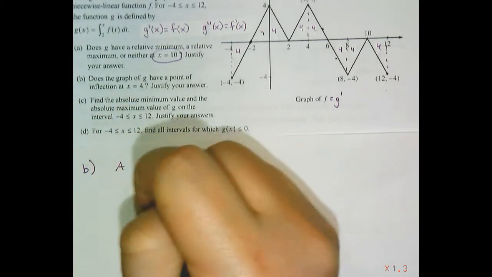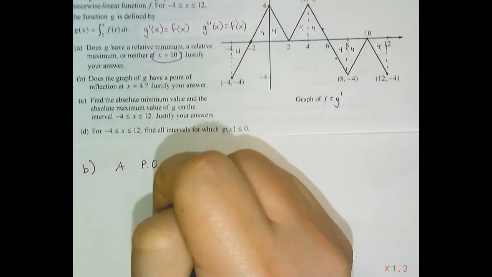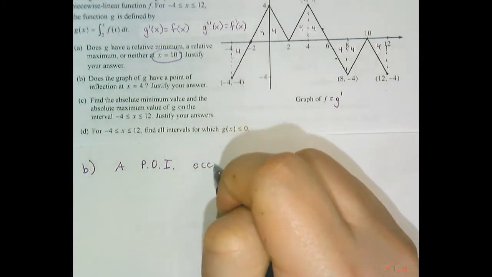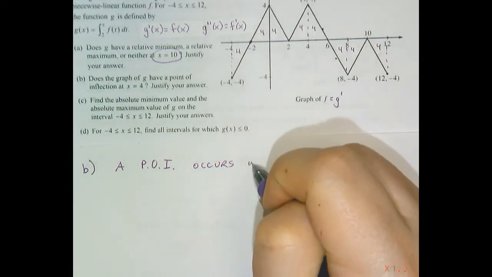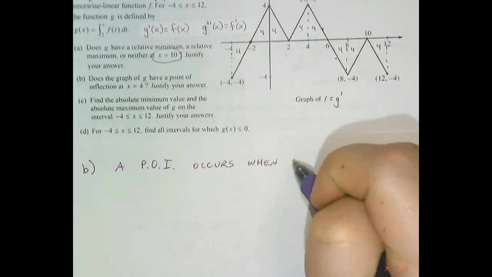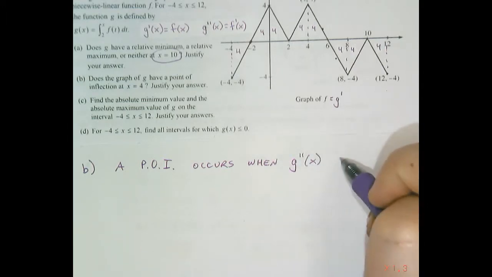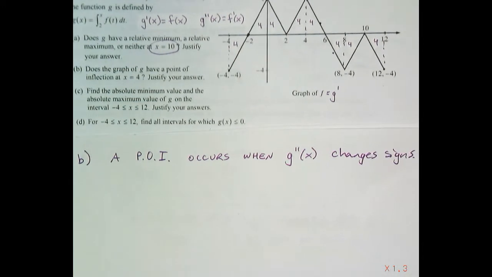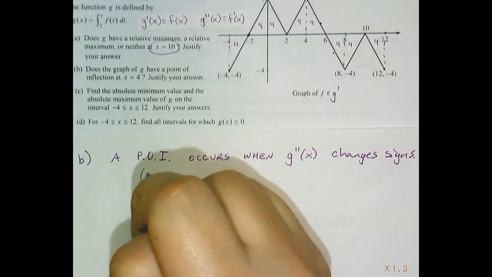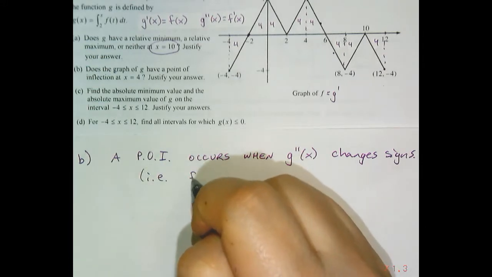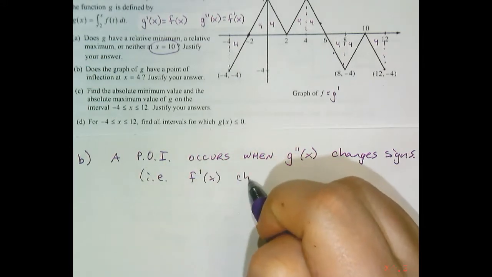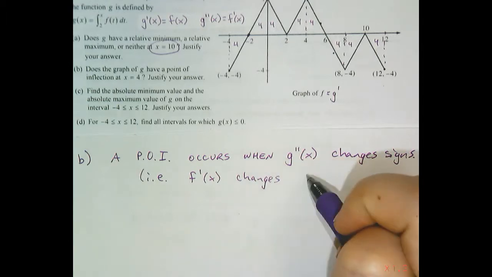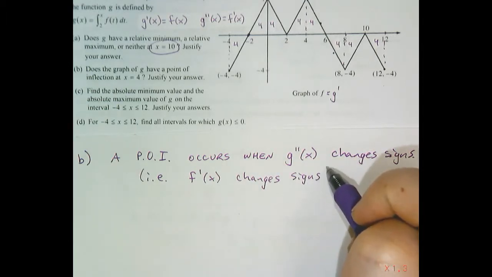So a point of inflection occurs when G prime prime of x changes signs. Another way of saying G prime prime is changing signs would be like saying f prime of x changes signs, because G prime prime and f prime are the same thing.